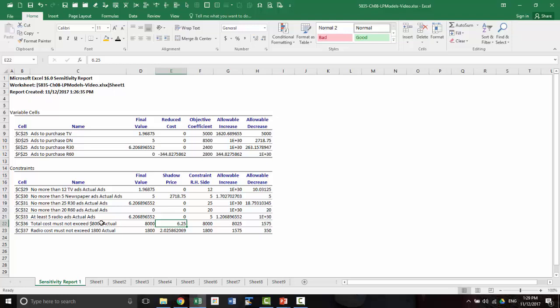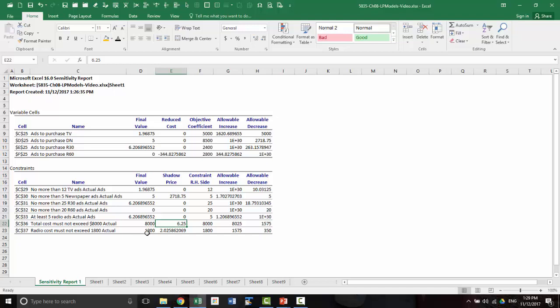Okay. And similarly here, this is the total budget. And the total budget can go up by increase. Allowable increase is $8,025. Allowable decrease is $1,575. For each dollar that you increase, the audience that you can reach will go up by 6.25.